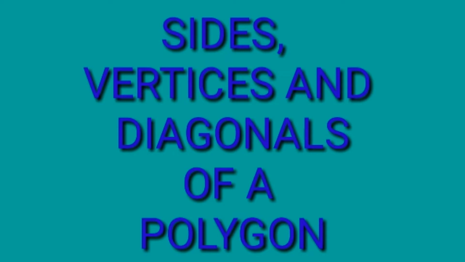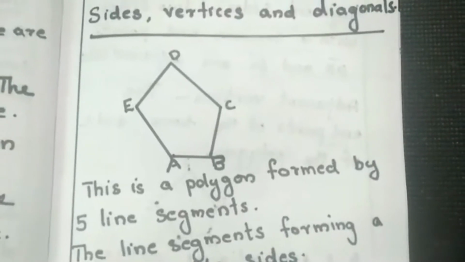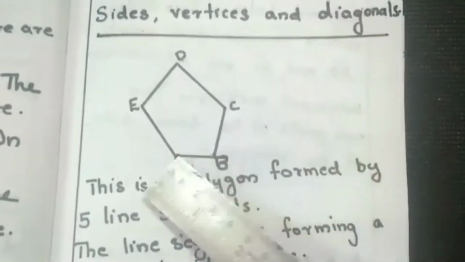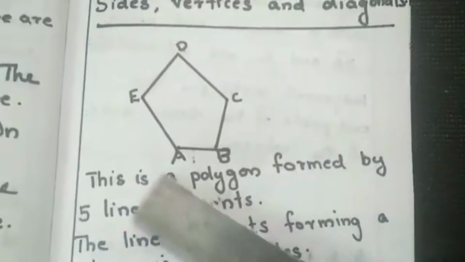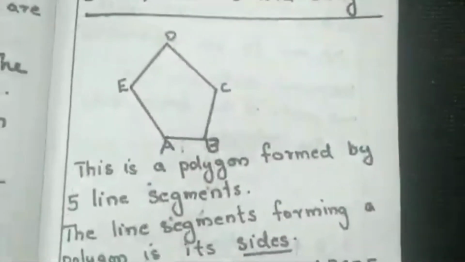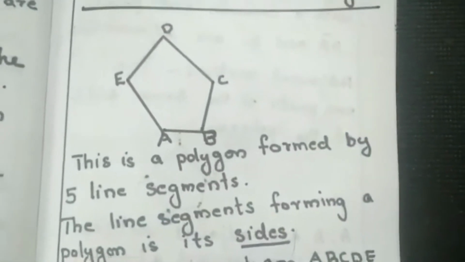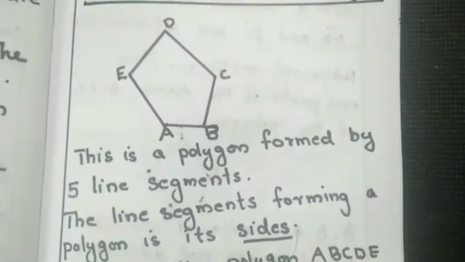So, we can learn the parts of a polygon. Here I have drawn a polygon with 5 sides, 5 line segments. You can see 5 line segments here: AB, BC, CD, DE and EA. So, this is a polygon formed by 5 line segments.